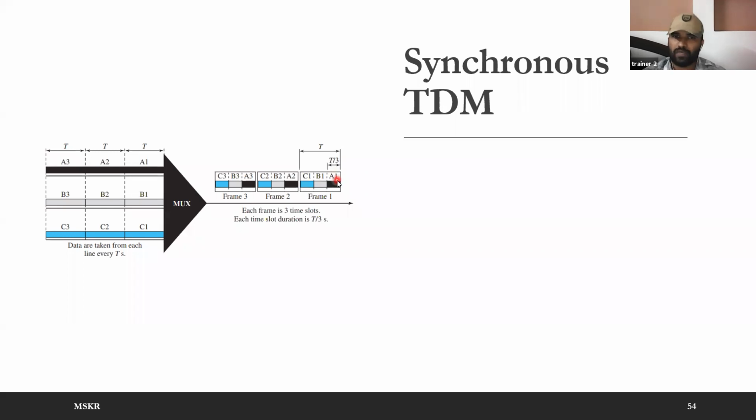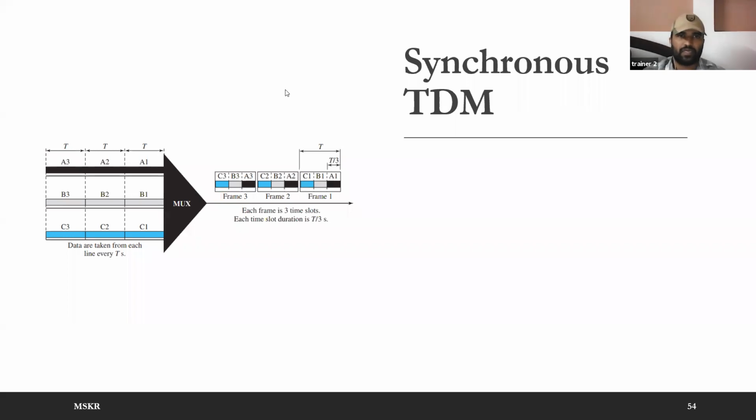A1 will always be in the beginning, so whatever is in the beginning will be delivered to the receiver of A. In the same way, the signal of B is always in the middle, so whatever is in the middle will be delivered to the receiver of B. In the same way, C. So this is sharing the medium with respect to time, where the sender-side multiplexer and the receiver-side demultiplexer will be in sync.